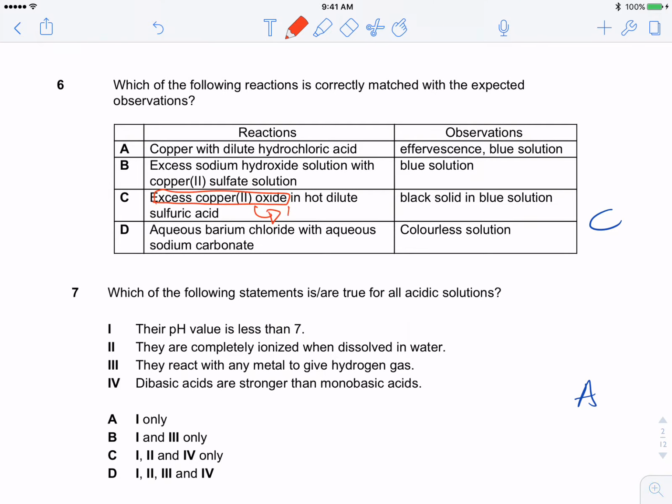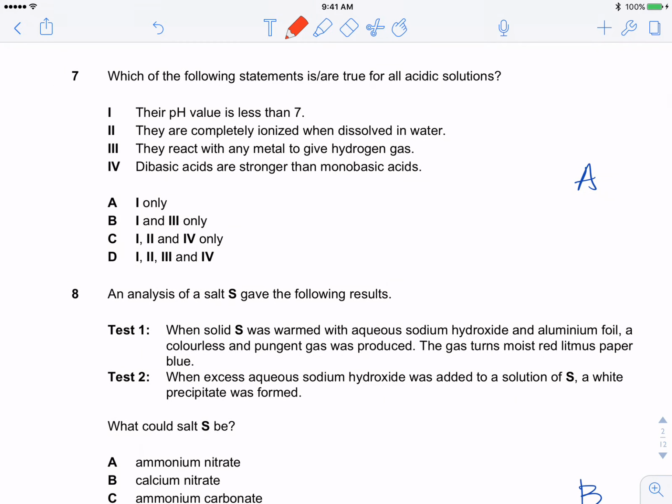This is a black solid, so you will see black solid being left behind in a blue solution. Last one, aqueous barium chloride with aqueous sodium carbonate. Barium will form an insoluble precipitate with carbonate to form barium carbonate. Hence, you should get a white precipitate as well. So D is also wrong. Answer is only C.